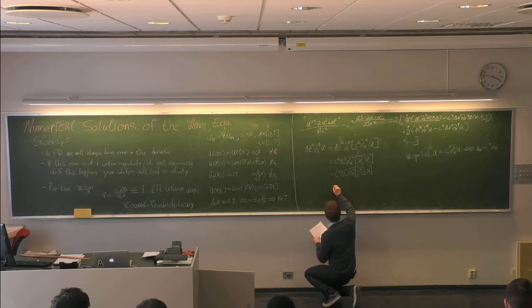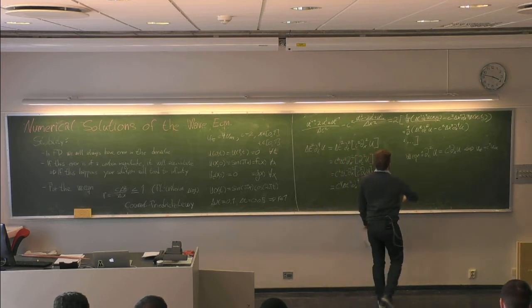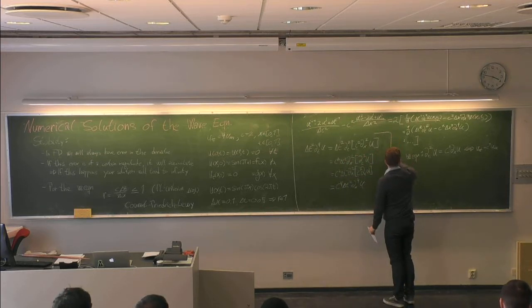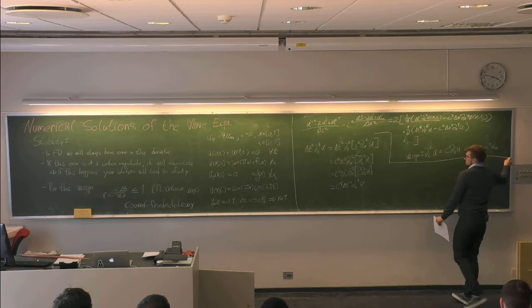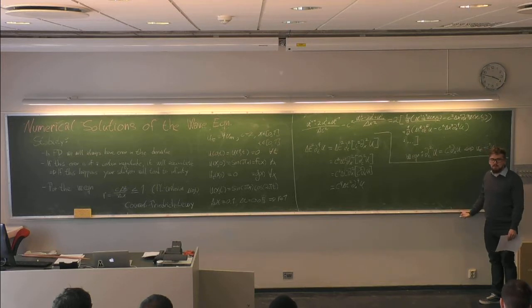So this then is equal to c to the power of 4 delta t to the power of 2 dx to the power of 4 u. Does that make sense? We just apply the wave equation twice now.